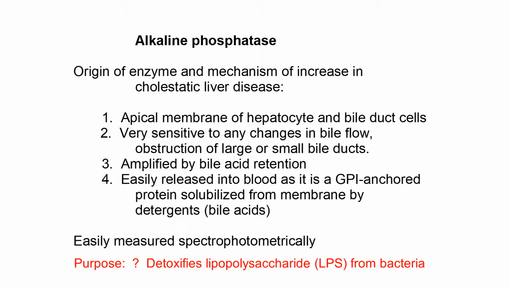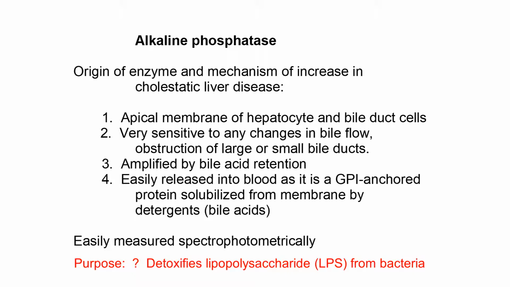And they're also amplified by bile acid retention, because as we said earlier, when bile acid in the biliary tree is accumulating, they solubilize the alkaline phosphatase that is attached to the membrane, to the wall of our biliary duct.